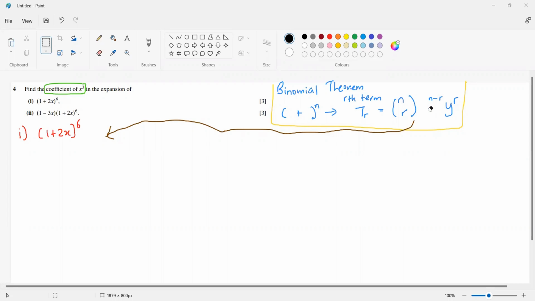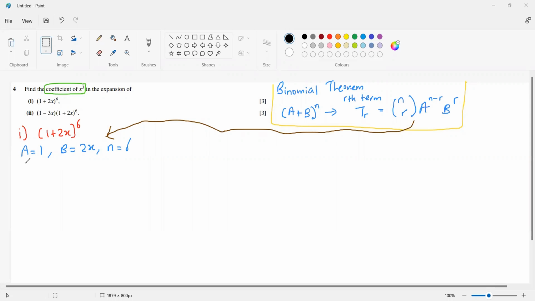When you face a situation where they use the same letter again, we can use a different letter, like a capital A and B instead. The theorem is still the same. So let's classify A as 1 and choose B as 2x, and then n is 6. Some people think better with theorems, so if it's helpful, you can use this way.